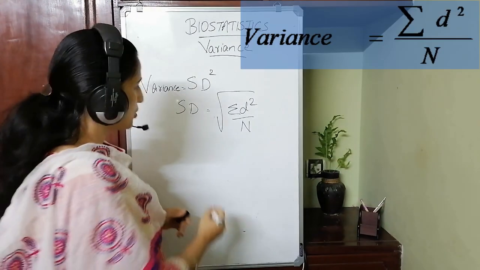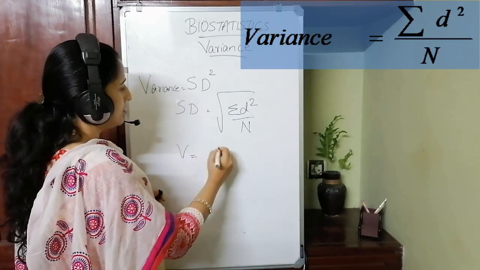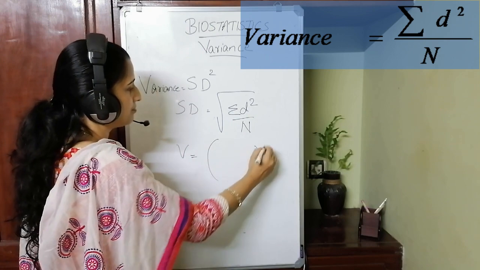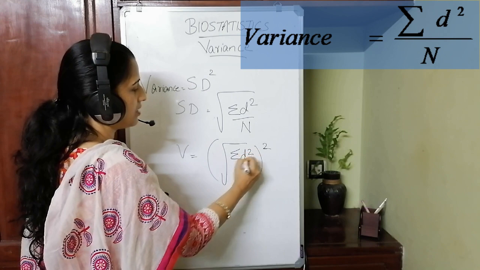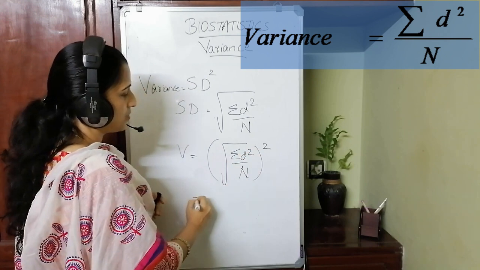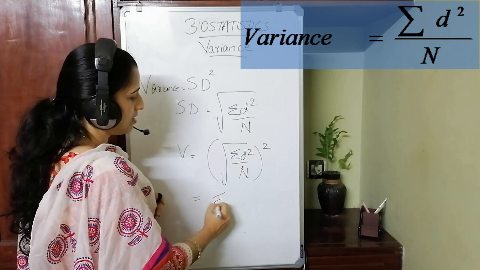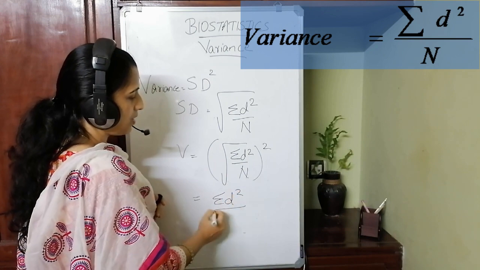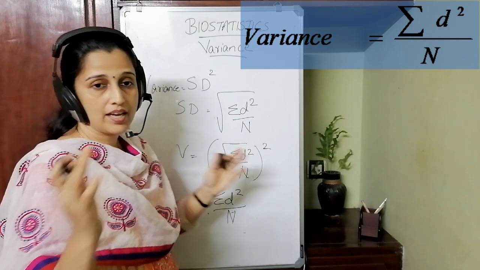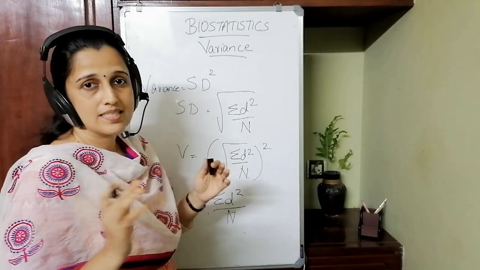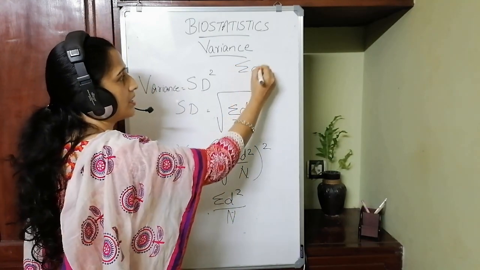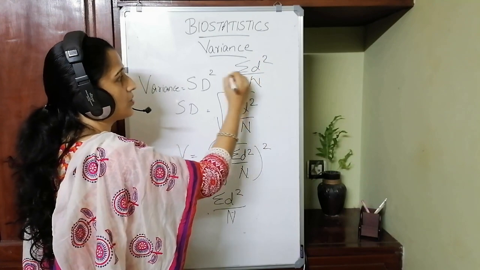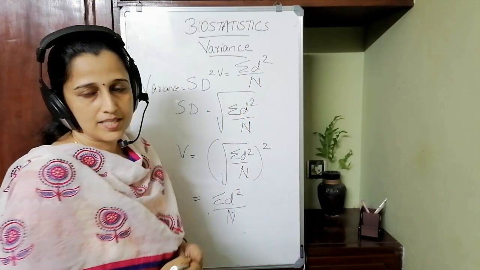So variance is equal to the square of that, which is sigma d square by n. So simply, variance is equal to sigma d square by n. Sigma d square by n is the equation for variance.